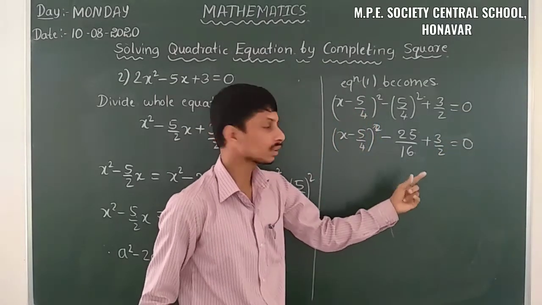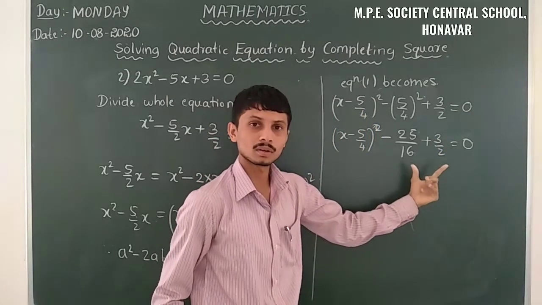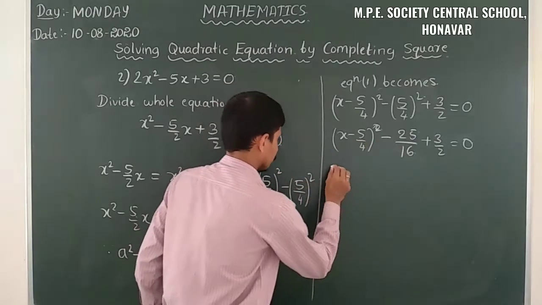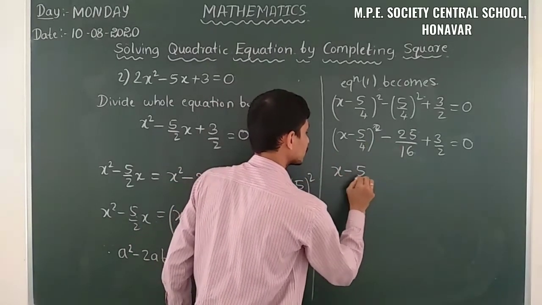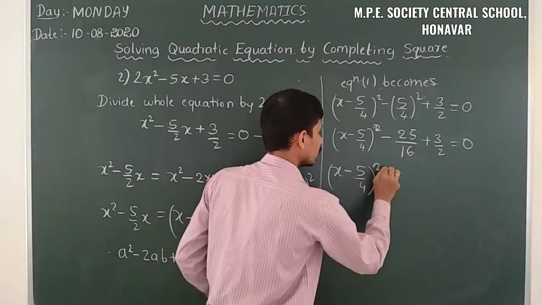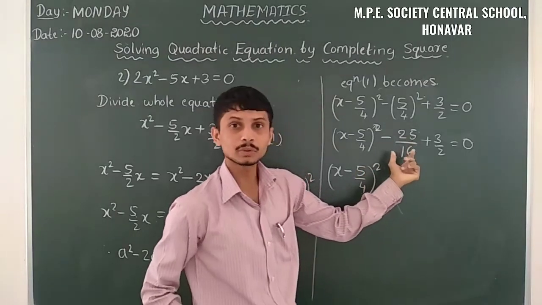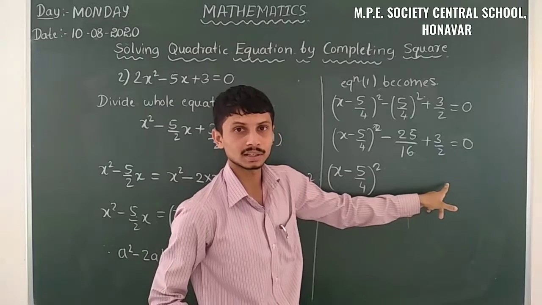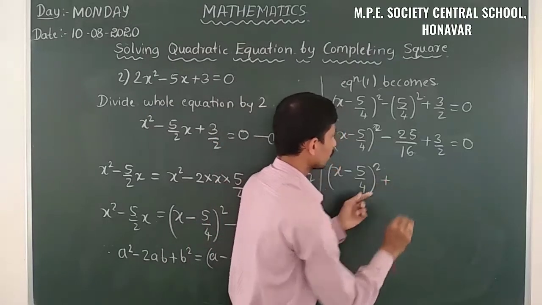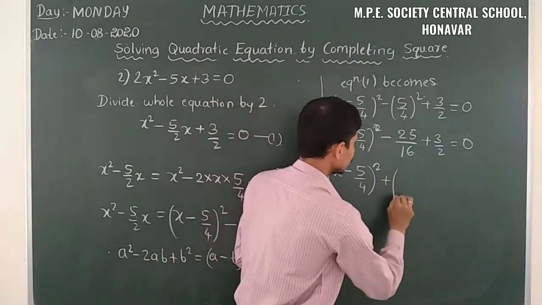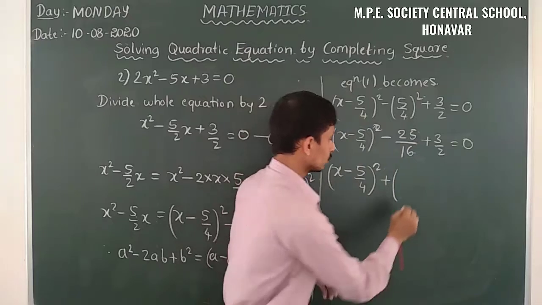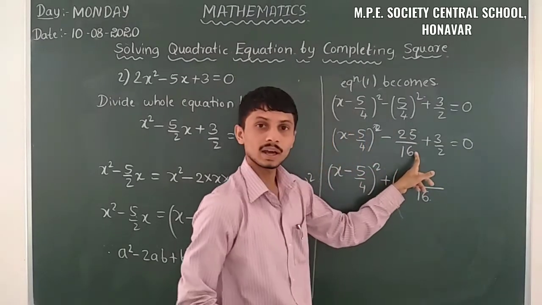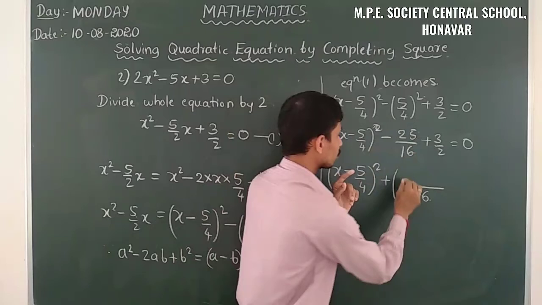Then we have to take the common denominator, or LCM of the denominators. x minus 5 by 4 whole square. So I will take minus 25 by 16 plus 3 by 2, so here I have to write plus. That means it's in the bracket. So I will take 16 as the common term. Here we have to multiply with 1, here also multiply with 1.